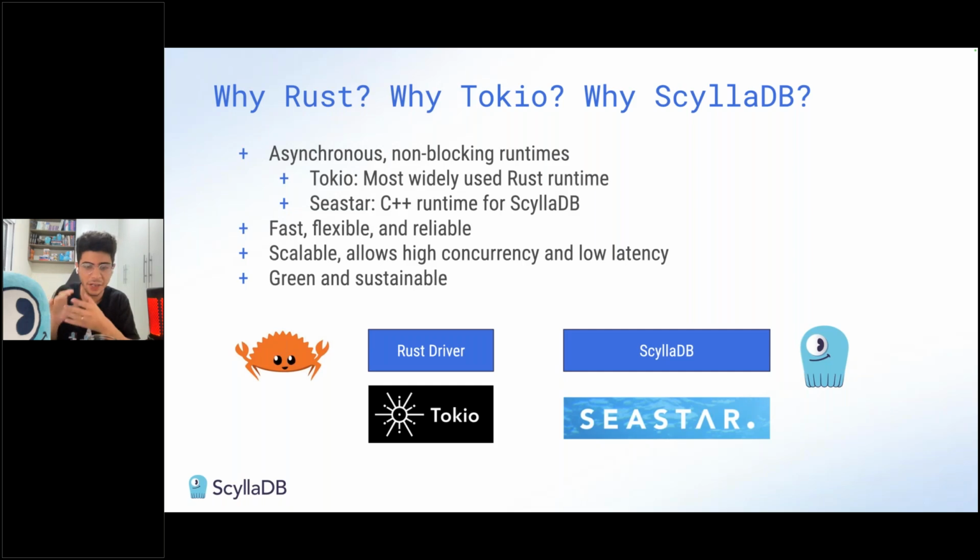And all these characteristics really make Rust a good fit for saving on infrastructure costs, or making a better use of limited infrastructure, as is the case of embedded devices, for example.